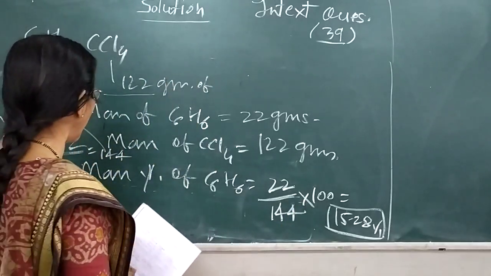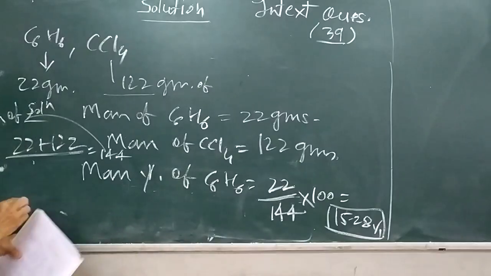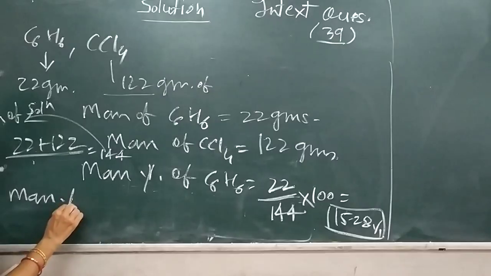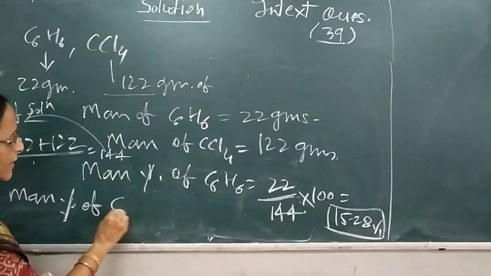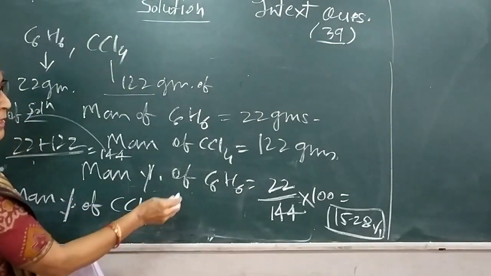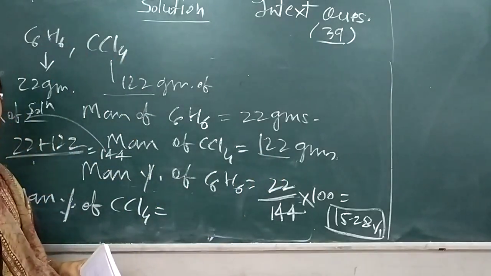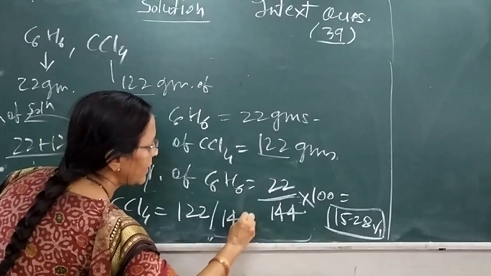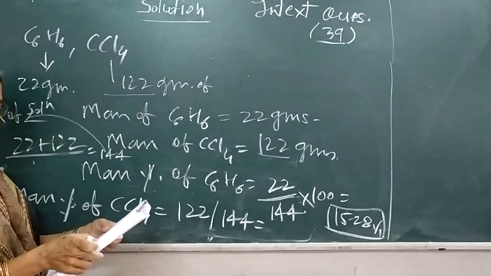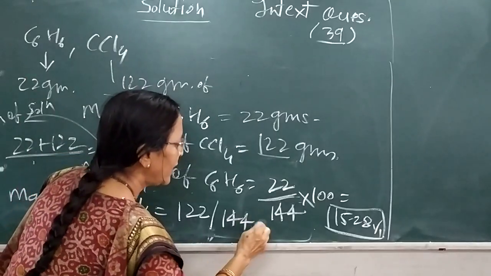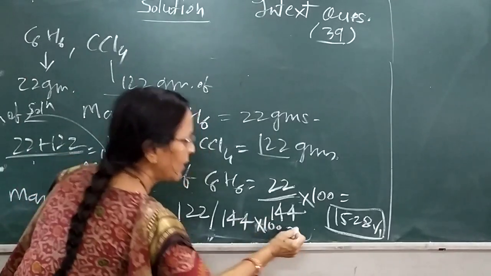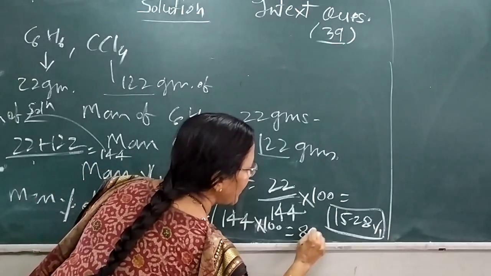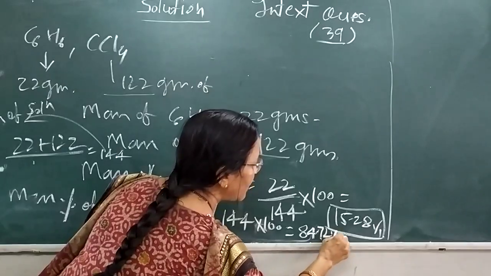Now, students, we will calculate the mass percent of CCl4. The weight of CCl4 is 122 grams, so 122 divided by 144 into 100. Sorry, students, we have to calculate the percentage. Then we get the answer 84.72%.